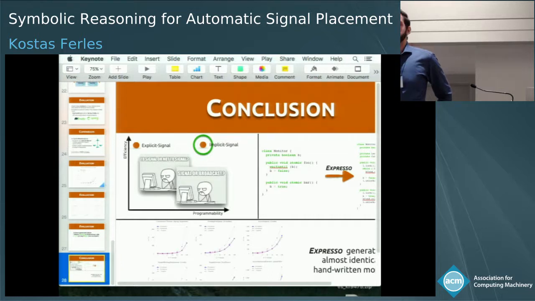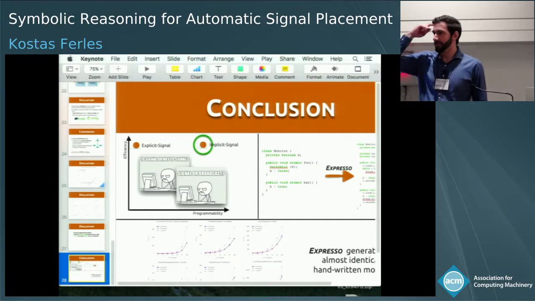I'm just wondering whether that's biasing towards code that is particularly well suited for turning into explicit signal code already. Whether you could also evaluate on code that's implicit signal to begin with, if you see what I mean.